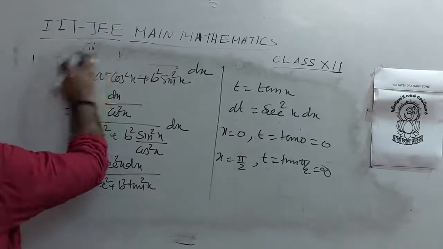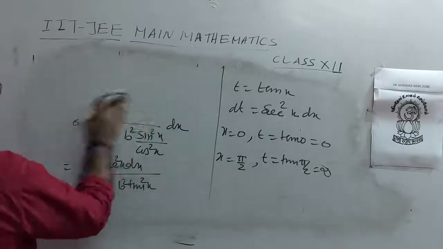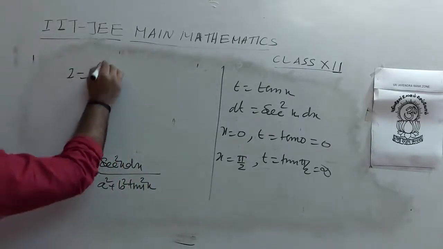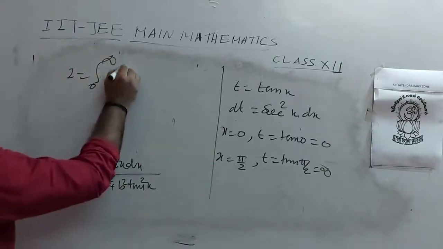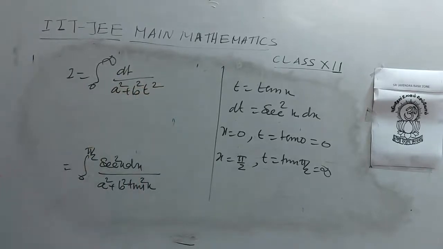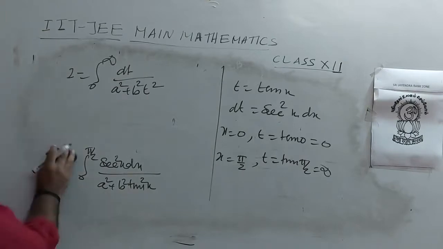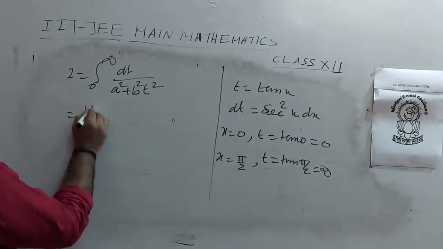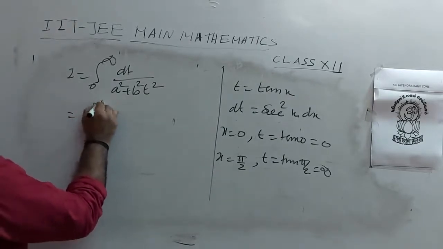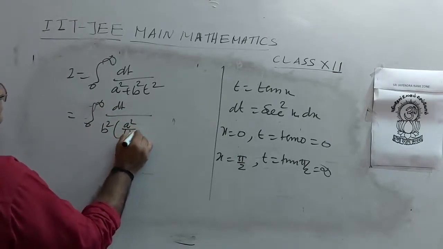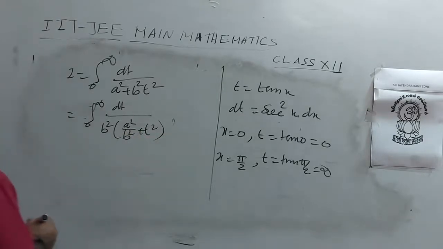Therefore, I equals integral 0 to infinity, numerator dt, denominator a square plus b squared t squared. So 0 to infinity dt by b square into a square by b squared plus t squared.